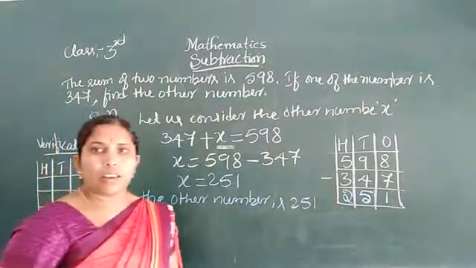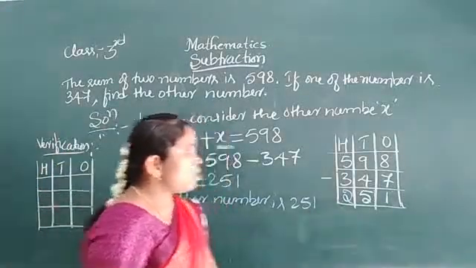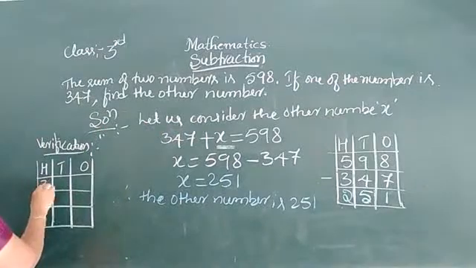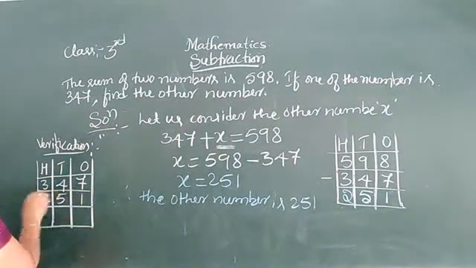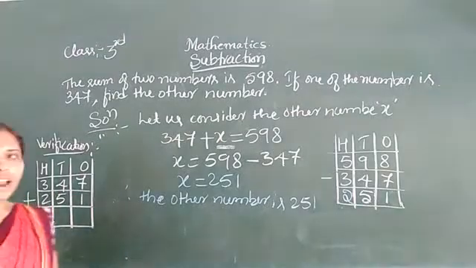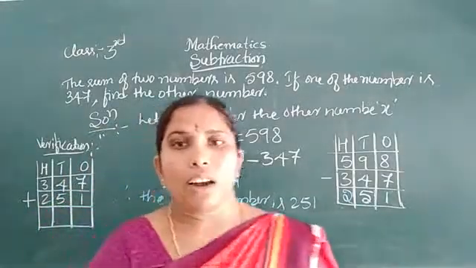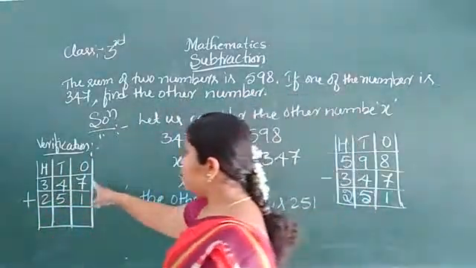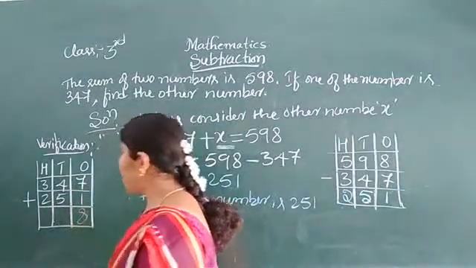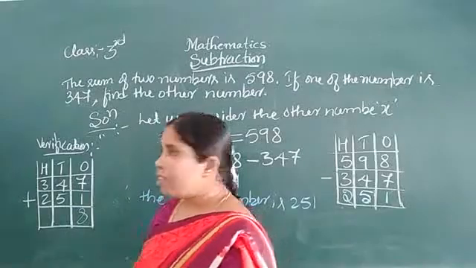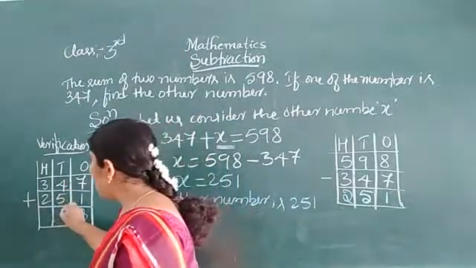Here observe. The difference 251, and 347. Add these two, we get the minuend. See, 7 plus 1, 8. Then 4 plus 5, 9.